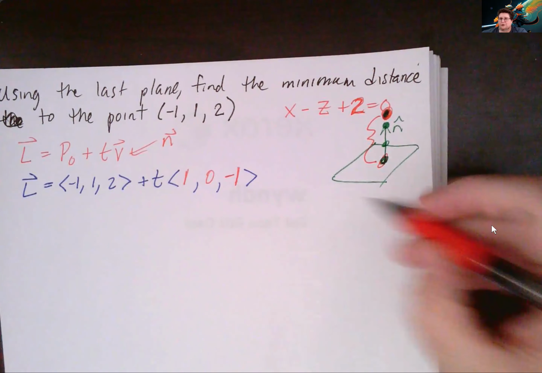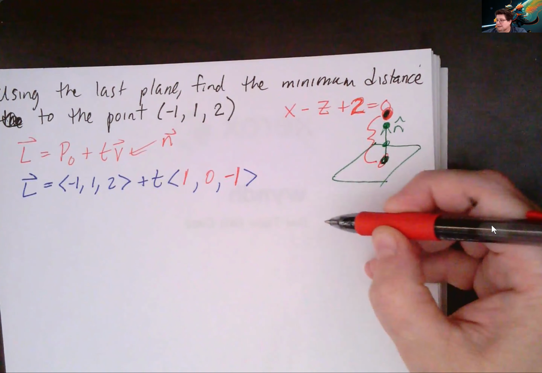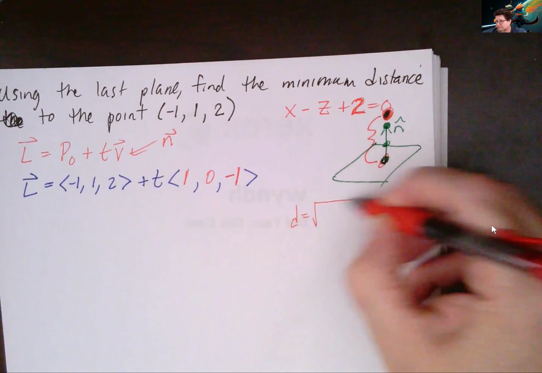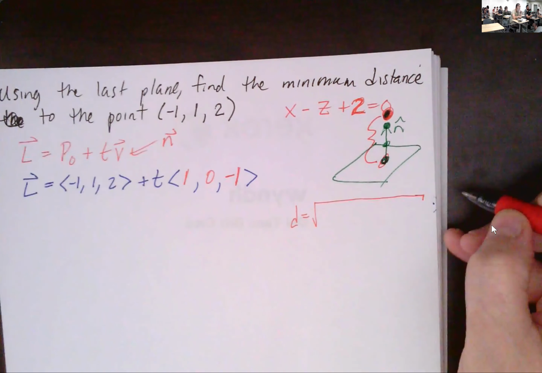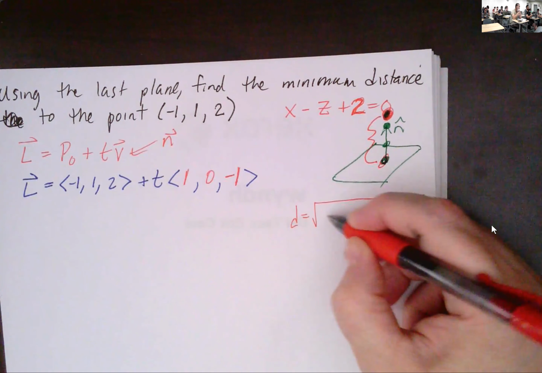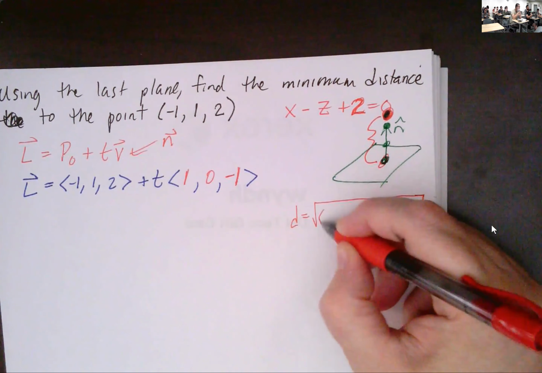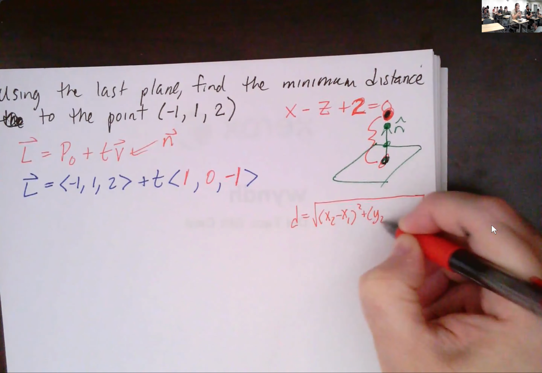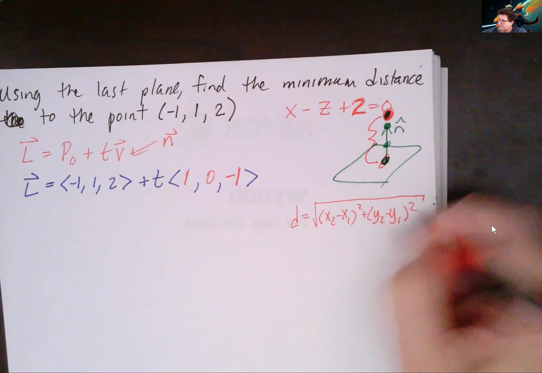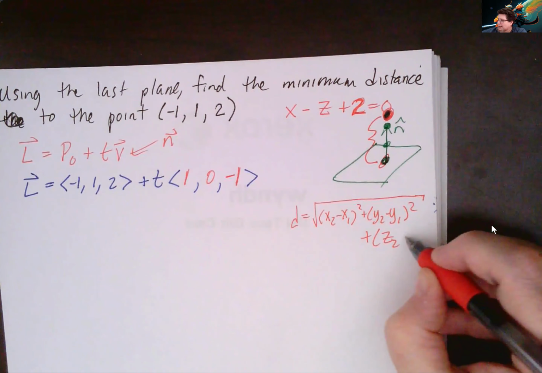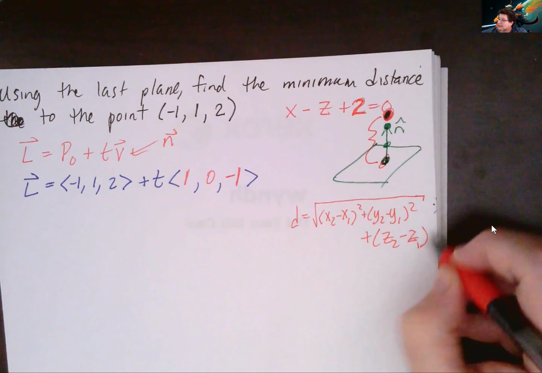What's the distance formula? Find the norm of it, or square root x squared plus y squared plus z squared is what I'm hearing. But we also have the change in x, change in y, and change in z squared.